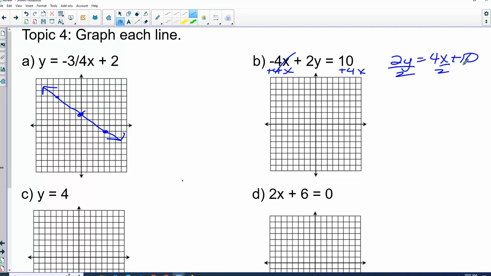Divide everything by 2. So y equals 2x plus 5. So Julius, how do we graph that? You go up 5. And then over 2. This is like a 2 over 1, so up 2 over 1. Or you could go down 2 and backwards.